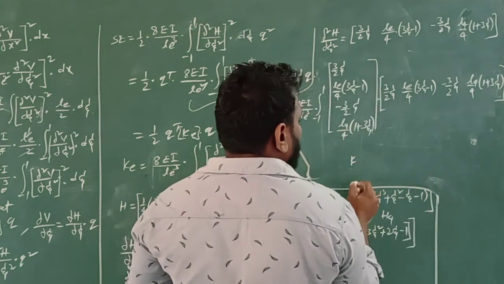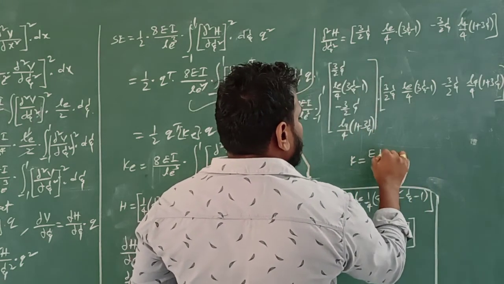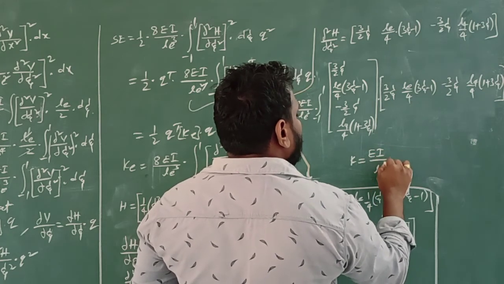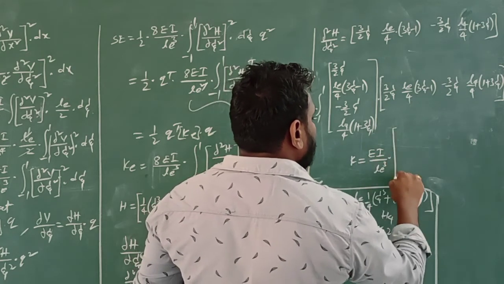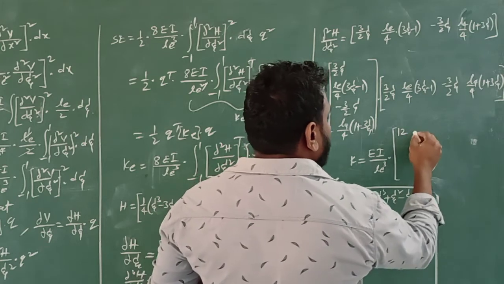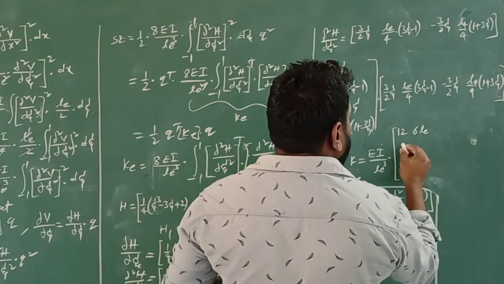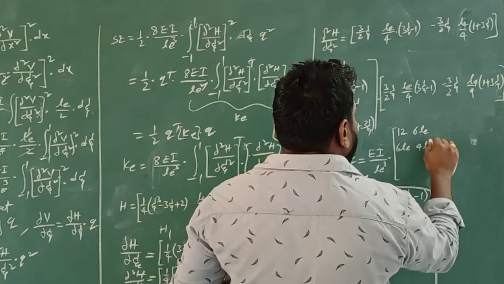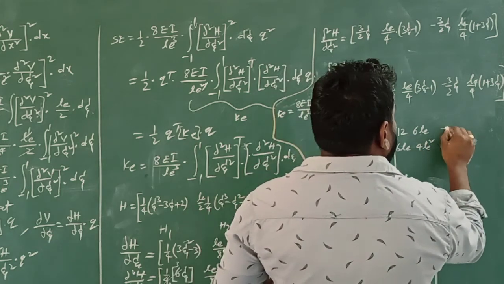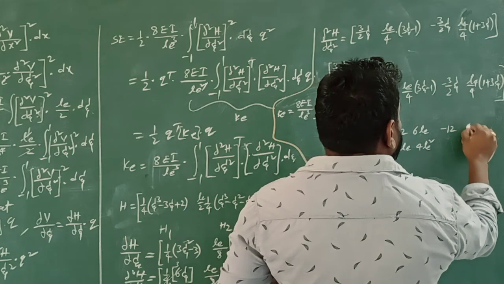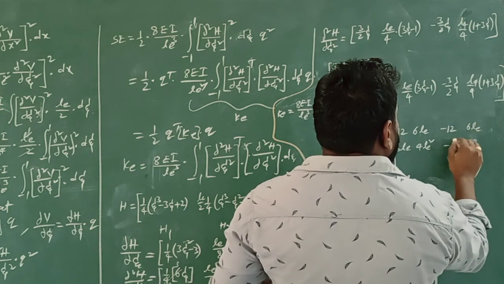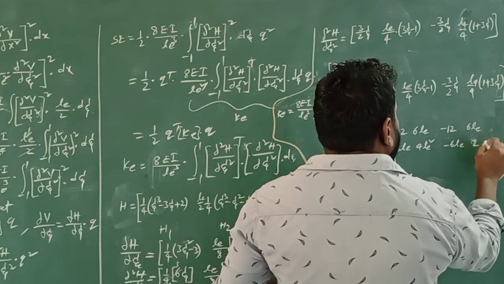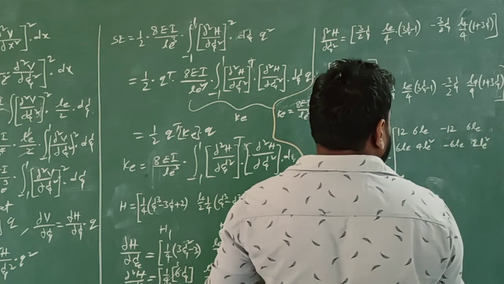So Ke is equal to EI by Le cube into: 12, 6Le, 4Le square. Next 12, 6Le, minus 6Le, 2Le square.